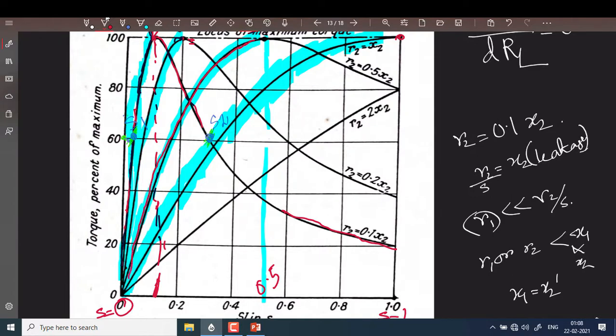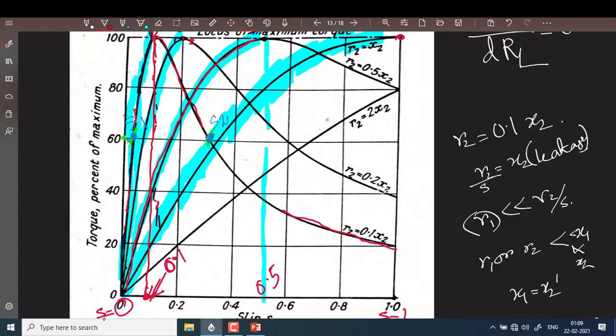But if your R2 is small, then your stable operating region is only limited to a speed for which slip is below 0.1. Let us consider this point is 0.1. So you are not getting wider speed variation for stable operation.